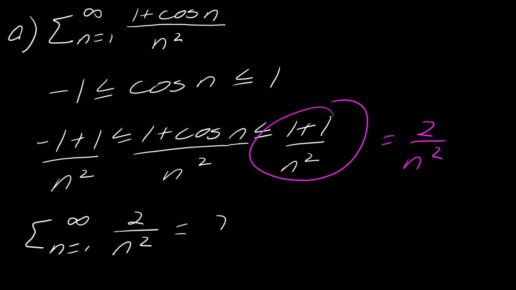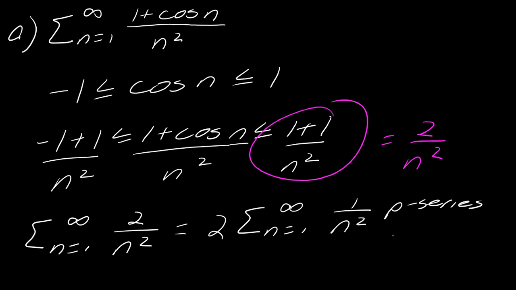I'm allowed to take the 2 out and just rewrite this as 1 over n squared. So this is just a p series where my p is greater than 1, which means I know without having to do any work that this is going to converge.